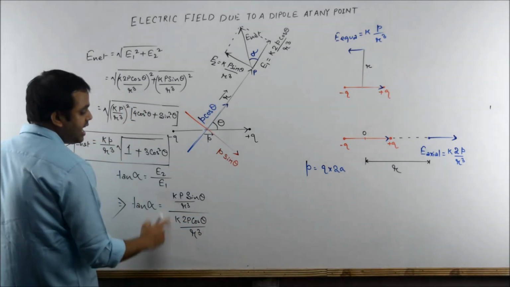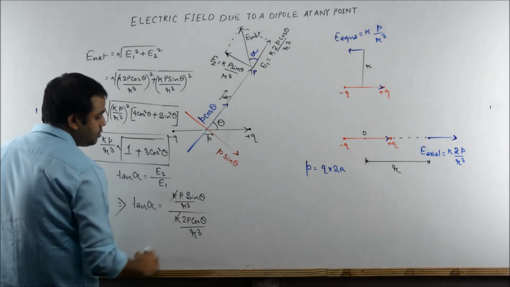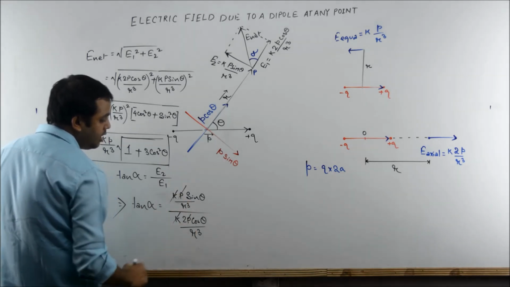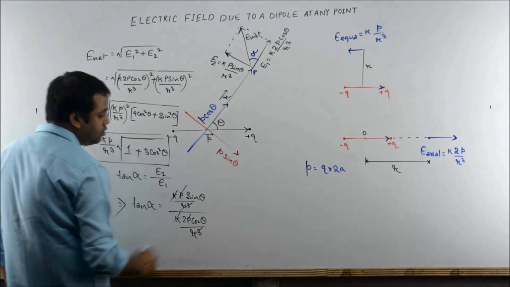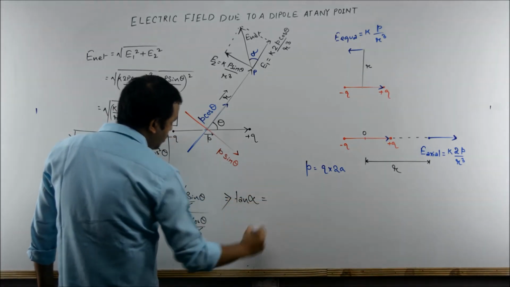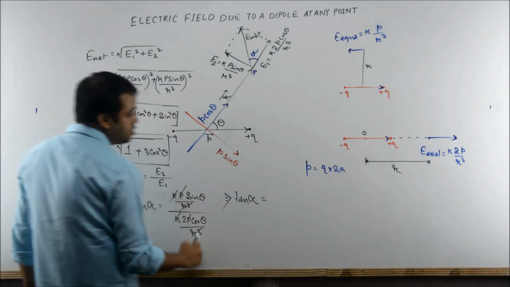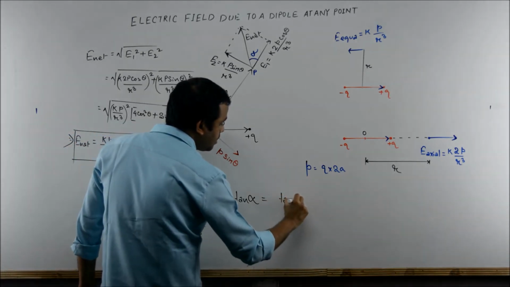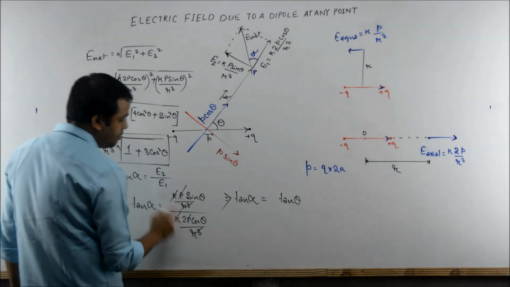Clear students? So K got cancelled out, P got cancelled out, R cube got cancelled out. So tan alpha equals sin theta by cos theta, it is tan theta, and 1 by 2.